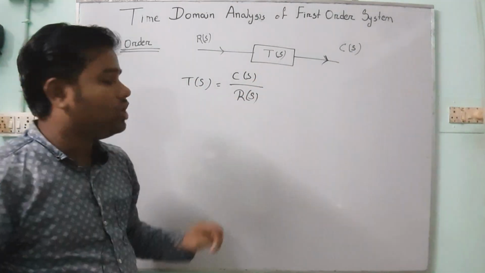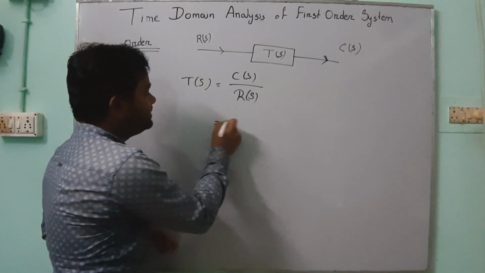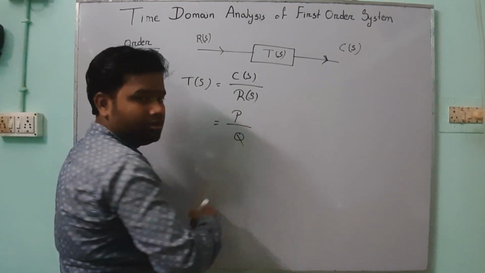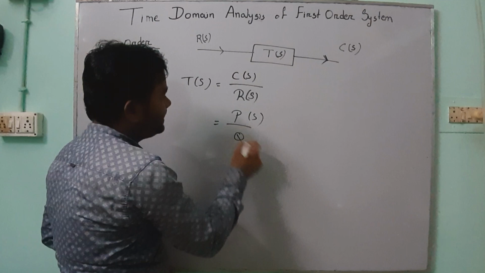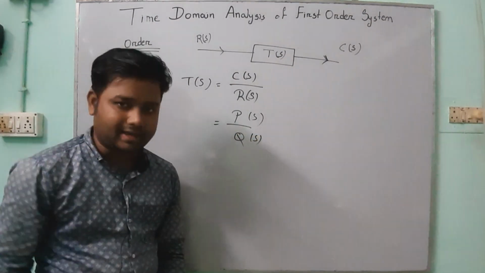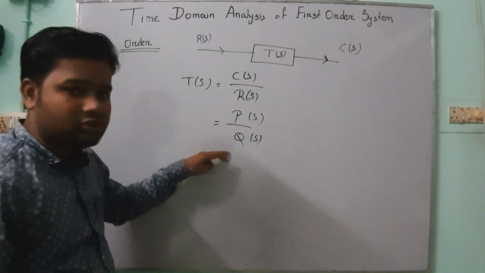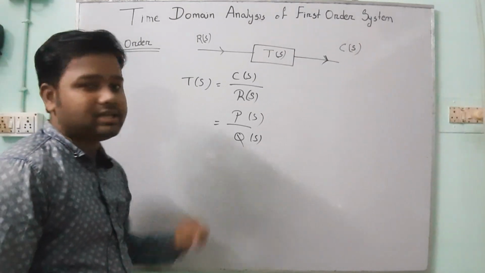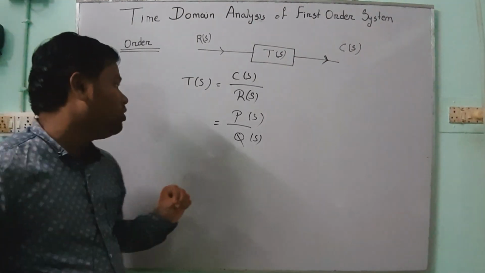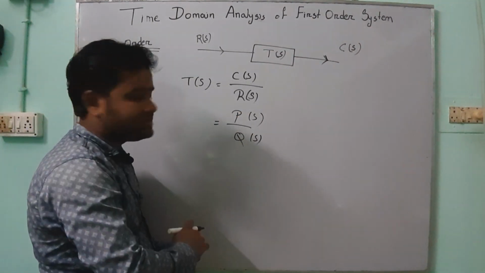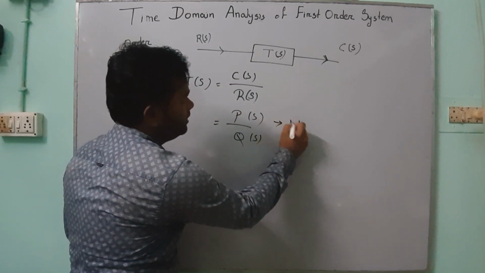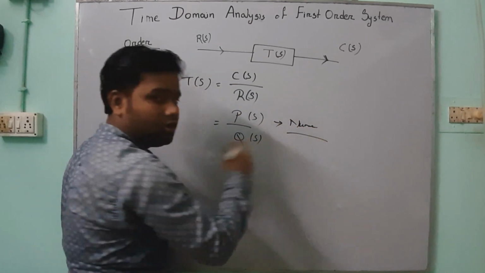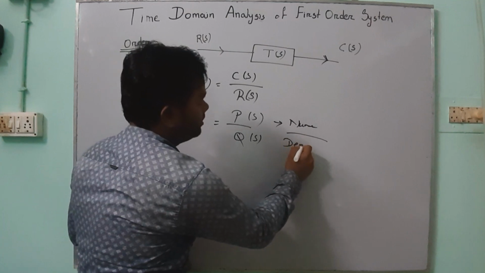In this formula, if we get P by Q, where P is a function of S and Q is also a function of S, then P of S by Q of S is the transfer function, which is a polynomial. P of S is known as the numerator and Q of S is known as the denominator.